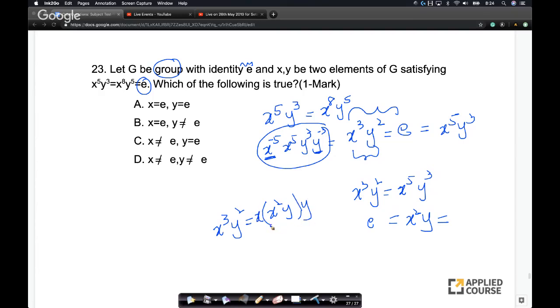Yes, I can write it this way. Because x^2 y equals e, I can write x^3 y^2 as x into x^2 y into y, by associativity. And this part is equal to e.